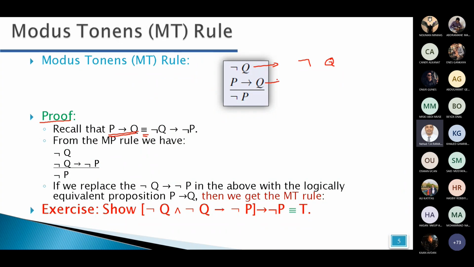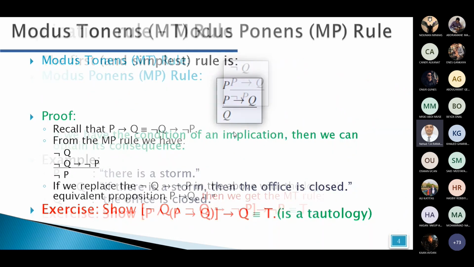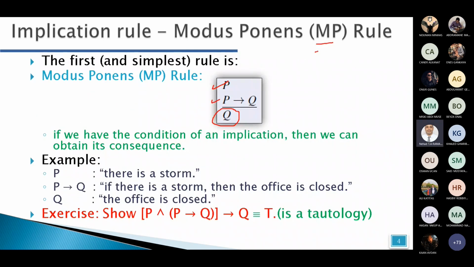Okay, so now here we have not Q as it is. From the logical equivalence rule, we can write not Q implies not P, because P implies Q is logically equivalent to not Q implies not P. You can apply here which rule? This rule, the MP rule. What is the MP rule? You see, if the first side and the first side implies this side, then we conclude that this one is true.